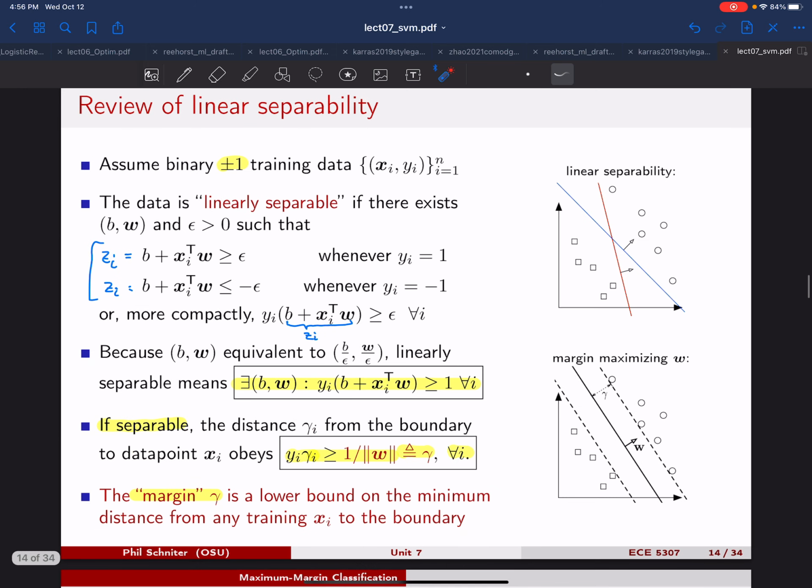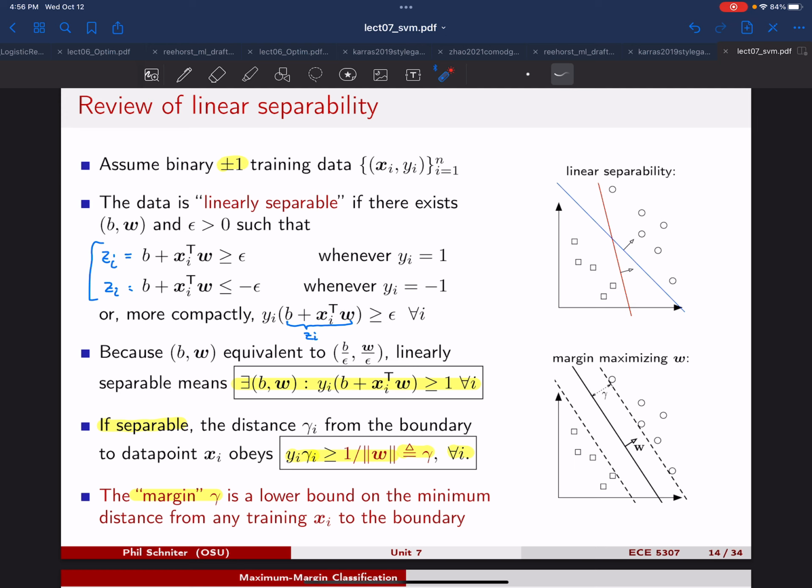So this equation tells us that the sign-corrected distance of the ith point to the boundary is greater or equal to 1 over the norm of W. That's where the idea appeared. So this is our gamma, this is 1 over the norm of W. But what's complicated is that it's coupled with the idea of linear separability.